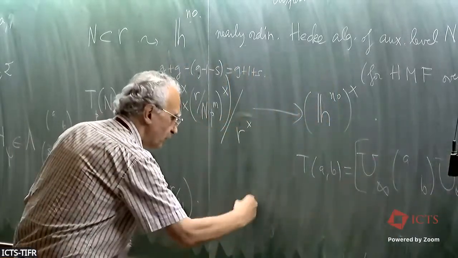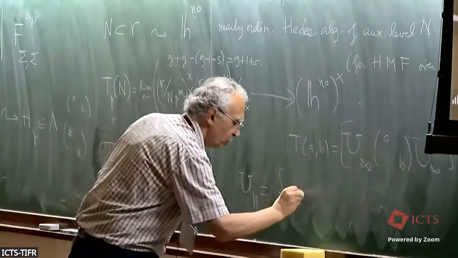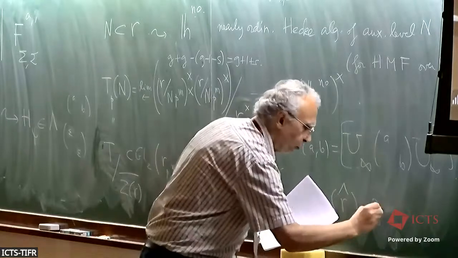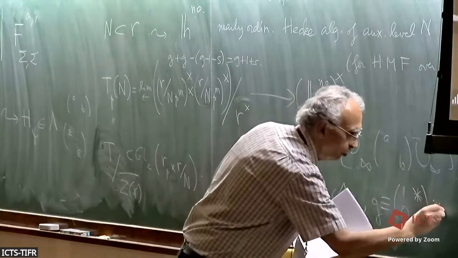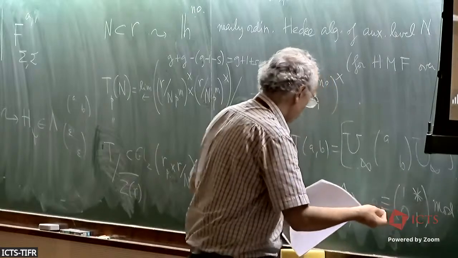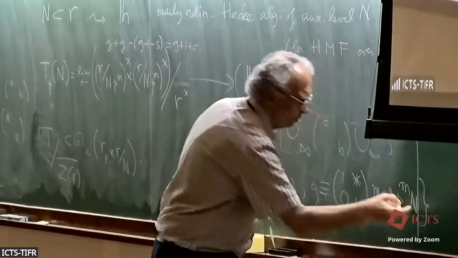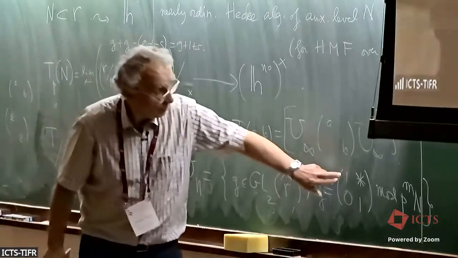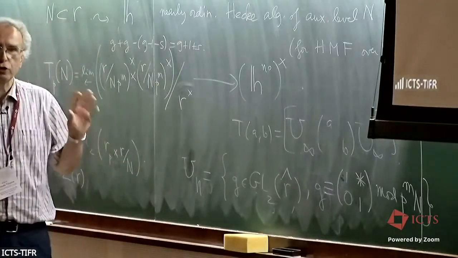So actually it means that at each level n, you consider the group U_n of matrices g in GL2 of R hat which are congruent to (1 star, 0 1) modulo P to the m, and maybe also n if you like, but it's not that important, modulo n. So you take this group, and this condition is very strong. This group is very small, and that's why it is called nearly ordinary.